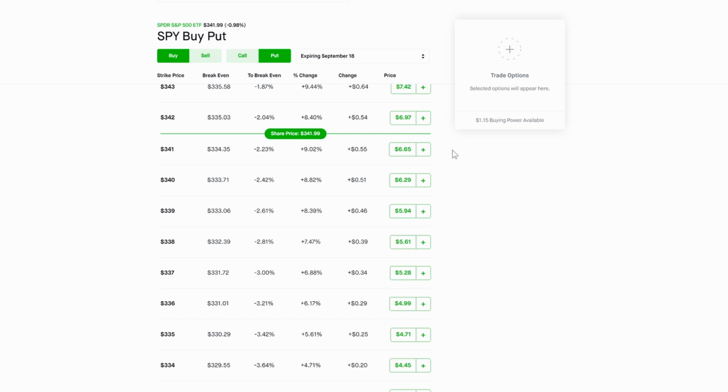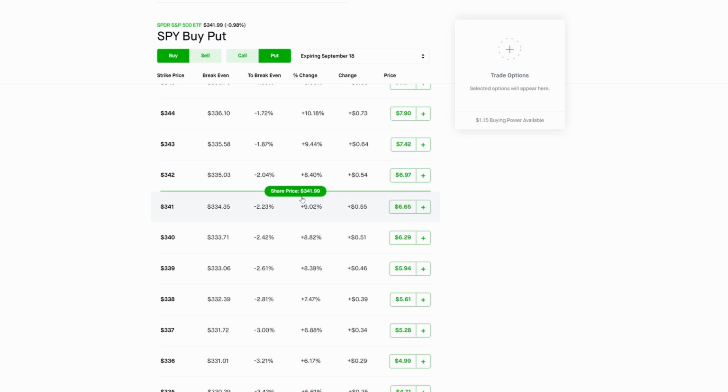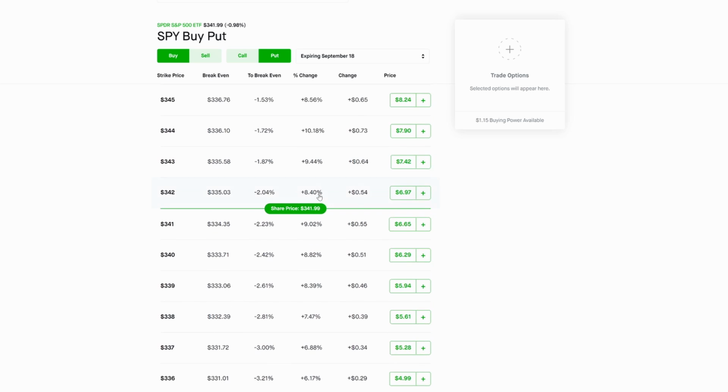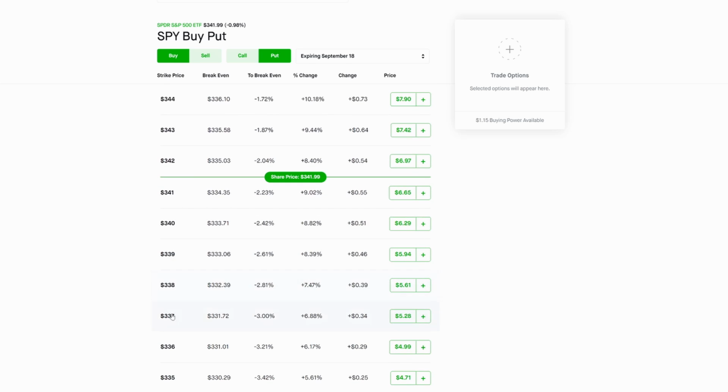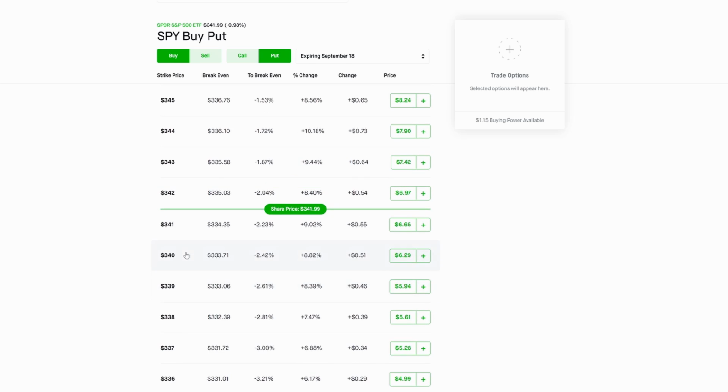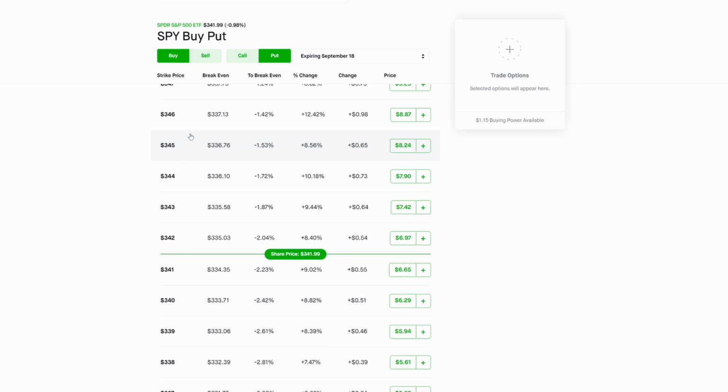So let's say SPY is trading at 341.99, and you think the SPY will not move below 337 and maybe above 346. So you can create an iron condor that implements your expectations.